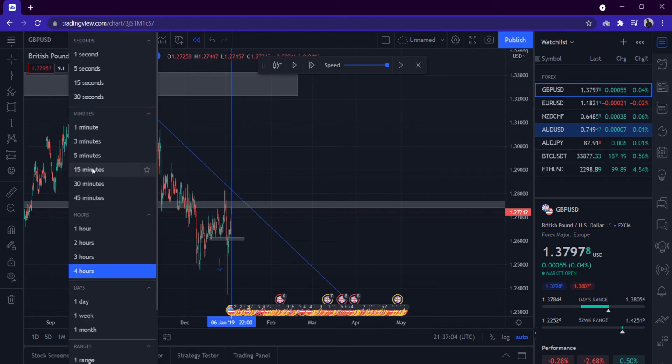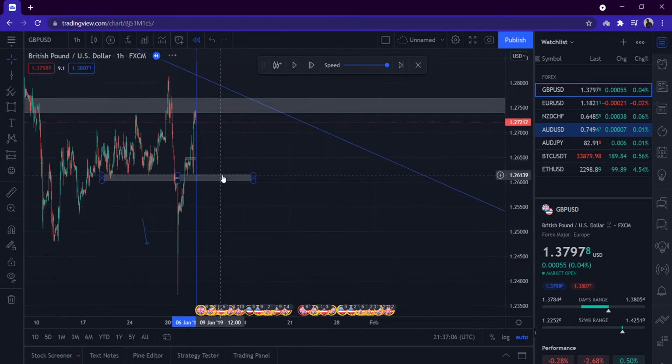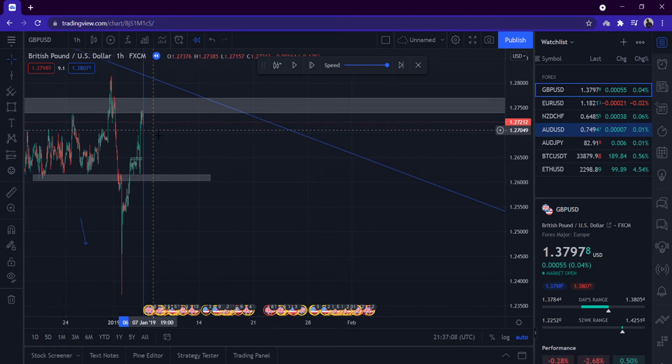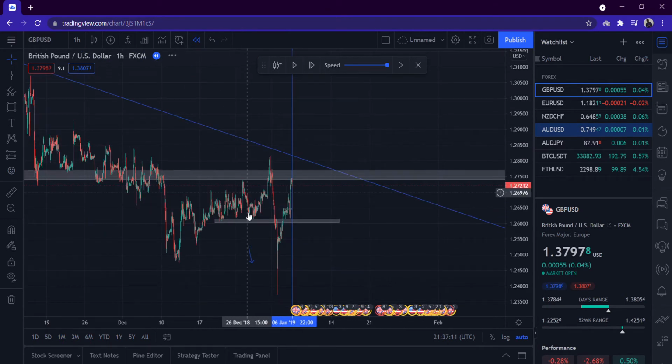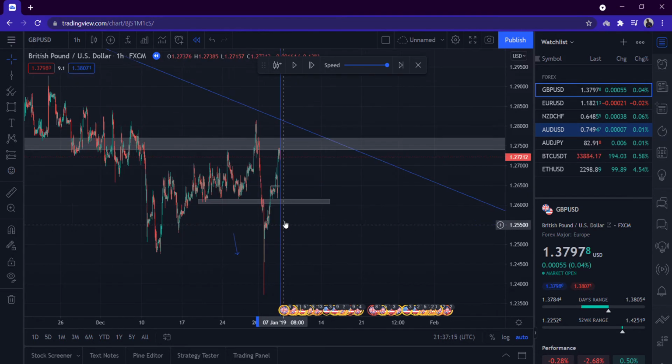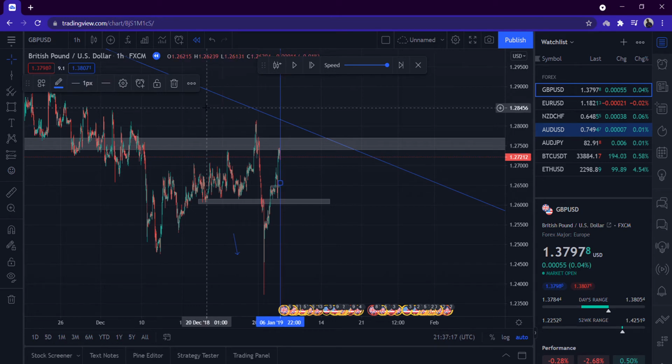So let's go back to the 1 hour time frame. I can go short on this pair, but since we are in a bullish momentum, I don't want to go against the trend. Let me remove this line here.